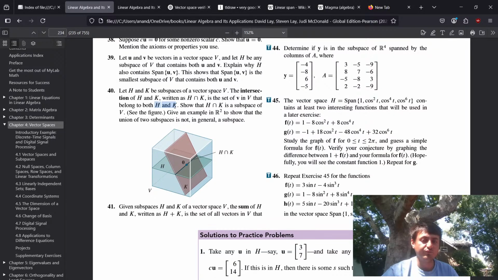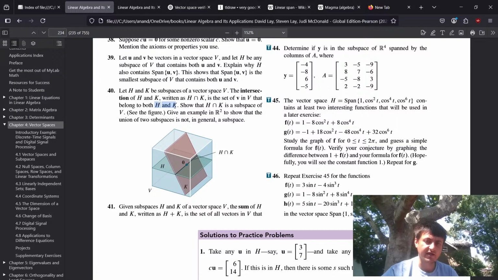So then we know that a linear combination of U and V stays in H because it's a subspace.